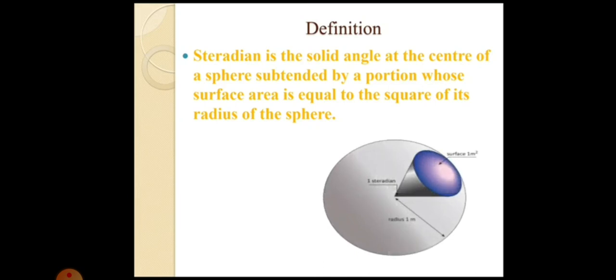It explains steradian. We have a sphere and from the center of the sphere, the subtended portion has a surface area. This surface area is equal to the square of the radius of the sphere.